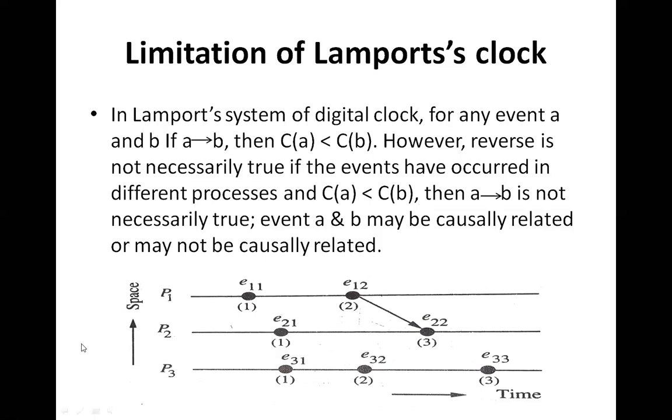This happens because every process running on a different computer system has its own clock, and the clocks advance independently due to the occurrence of local events in the process running on that particular system.